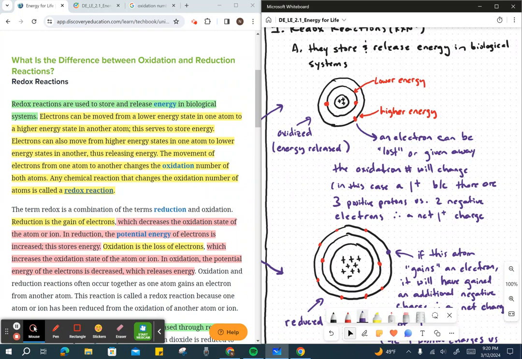We've got an example. We have an element that has 3 protons, and you know that in the first shell, the first orbital, it can take a maximum of 2 electrons. So we have a second orbital that has our third electron.